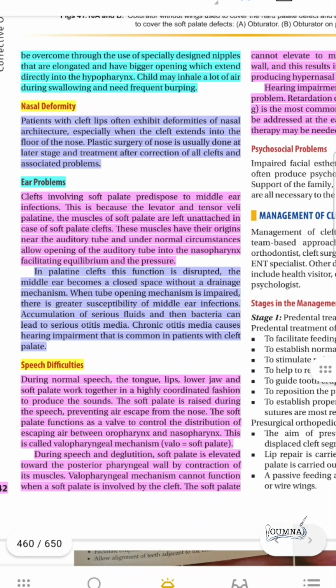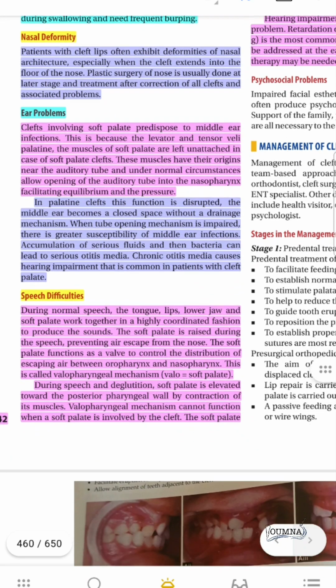For the nasal deformity, patients with cleft lips exhibit deformities of the nasal architecture, especially when it extends into the floor of the nose. So plastic surgery of the nose can be done at a later age, after the correction of the cleft.